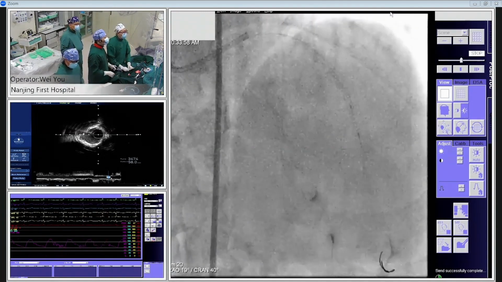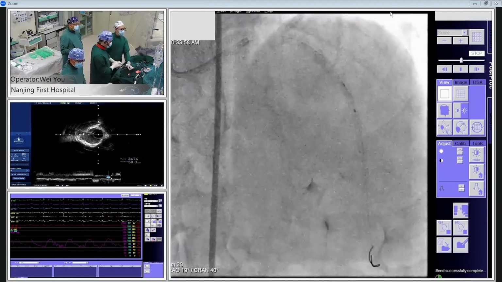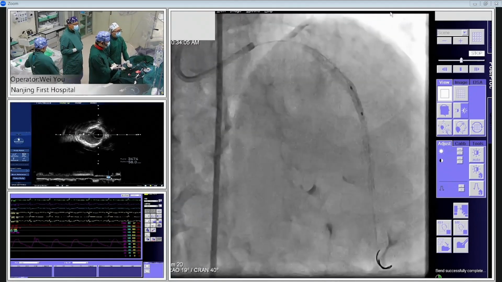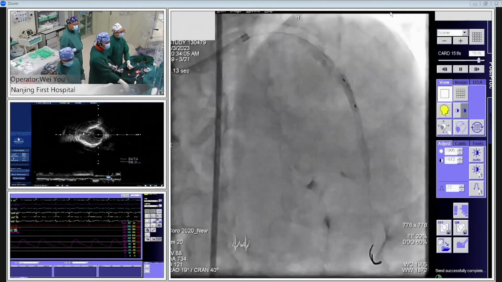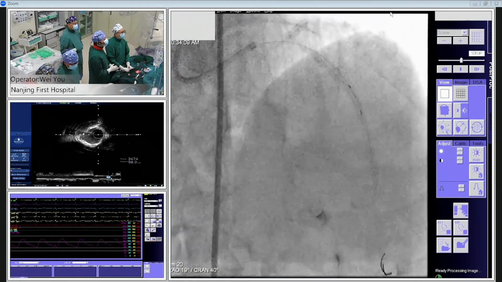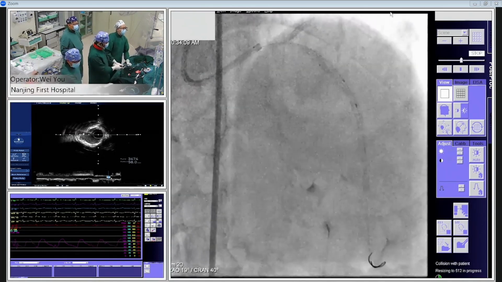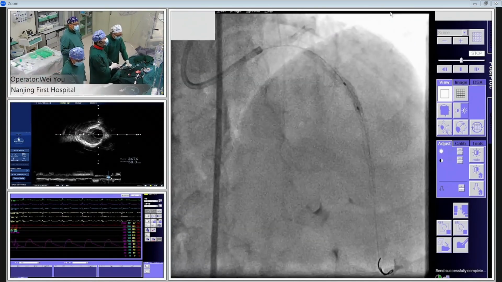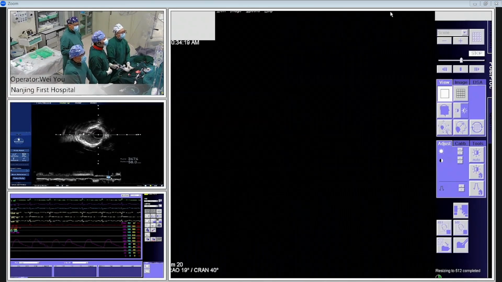Wait a second. Okay, going up to 12 first. Okay, 14. Okay, done. Okay, here. 14, 16. For the proximal segment, it's very important.